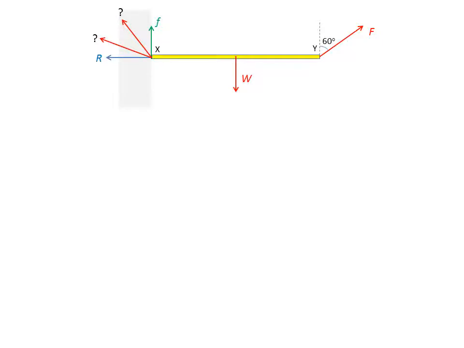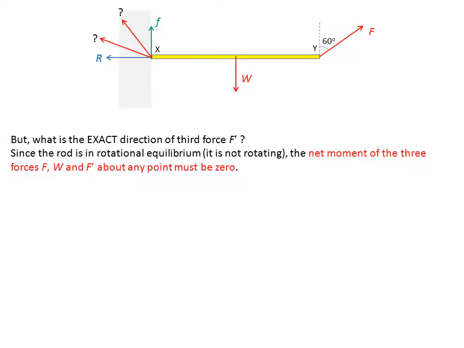In any problem where there are only three forces acting, there's a technique which I will show here. Right, so first of all, we notice that the rod is not rotating, it is in rotational equilibrium, right? So the three forces F, W, and this third force, this red arrow, must exert zero moment about any point.